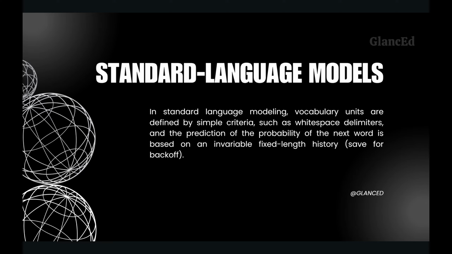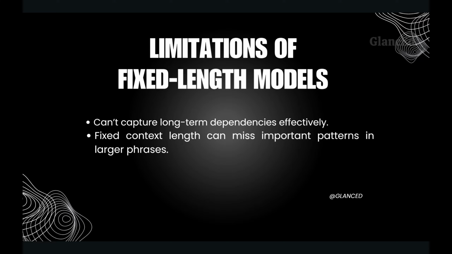So let's see its limitations. So limitations of fixed length models. So fixed is nothing but standard. Either you can write it as standard length models or fixed length models. There is no problem with that. So let's see what this first point is. Can't capture long-term dependencies effectively.